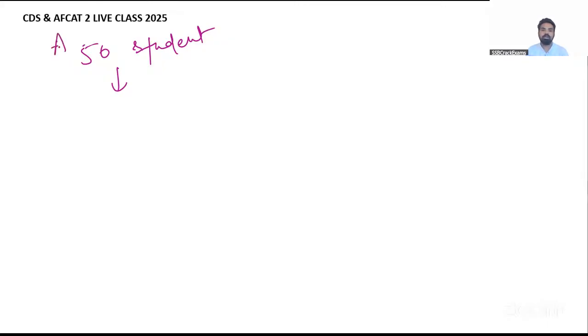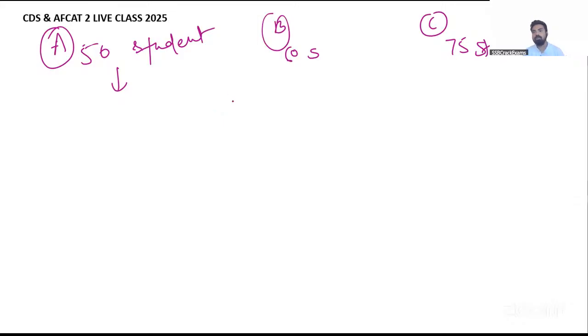So there is class A with 50 students, suppose there is a class B with 60 students, and suppose there is a class C with say 75 students. It is not possible to study a particular quantity for each and every student. That's why we study the concept of average.